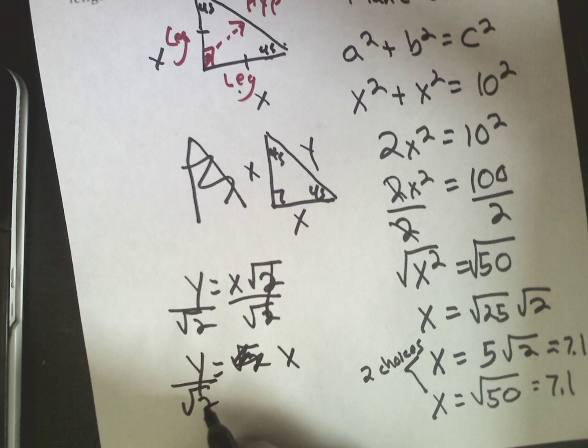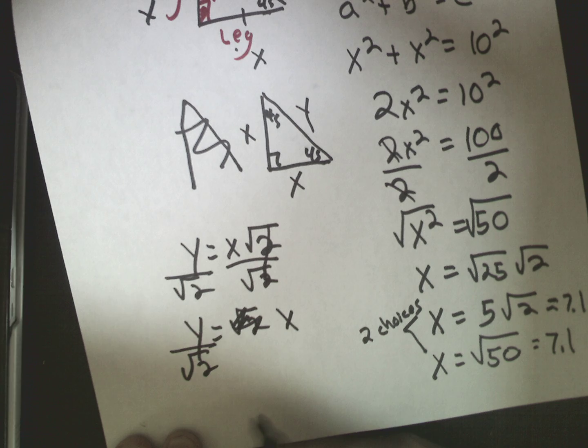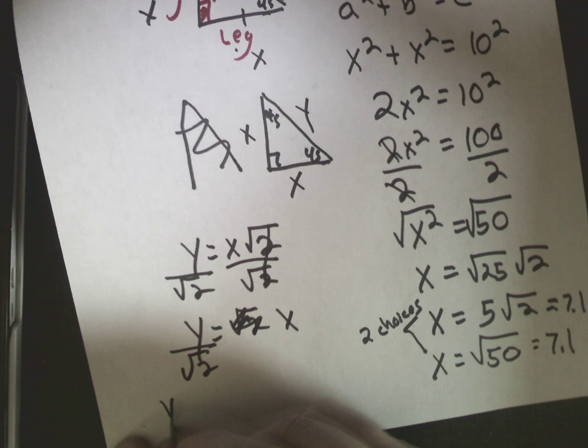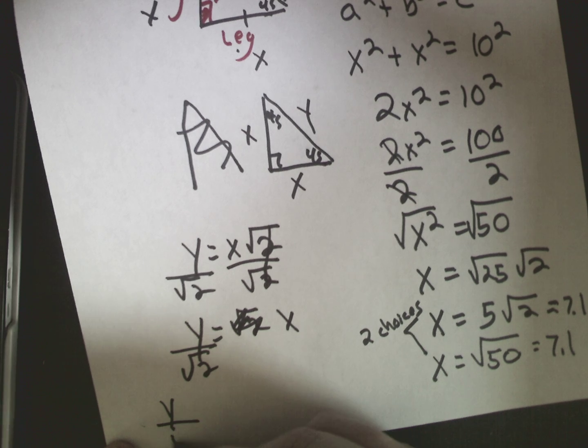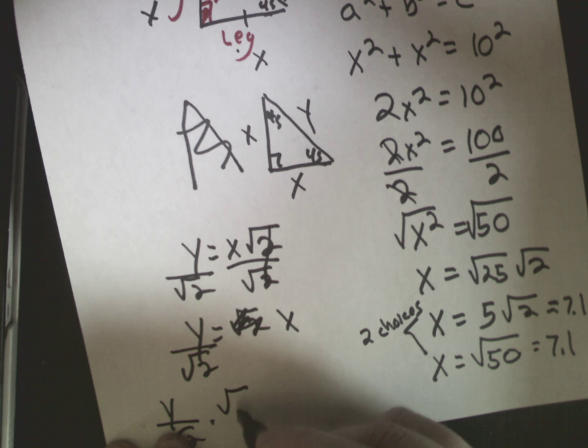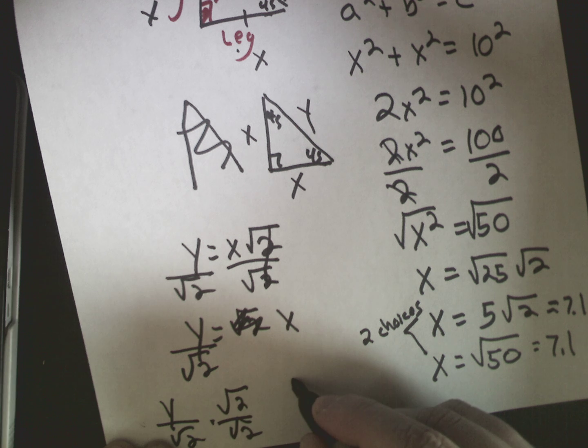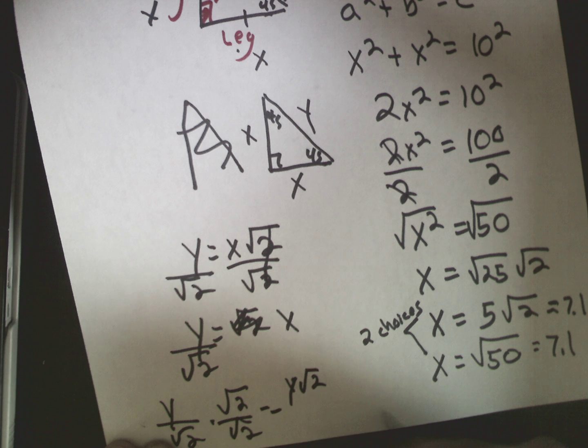Not allowed to leave a radical on the bottom, so I've got to take y divided by the square root of 2 and multiply it by the square root of 2 over the square root of 2. Y times the square root of 2 becomes y square root of 2. And the square root of 2 times the square root of 2 is just 2. And that's what equals x.